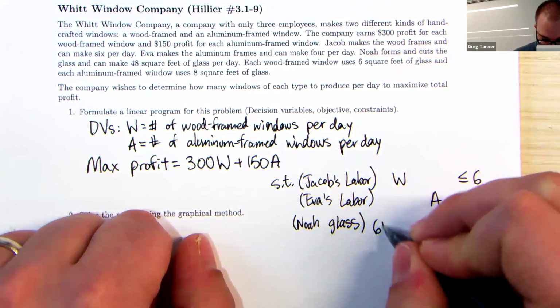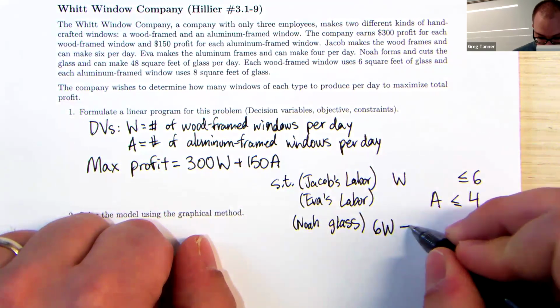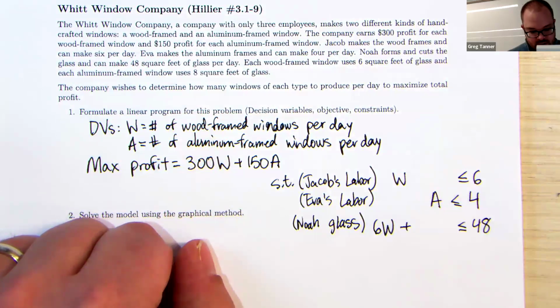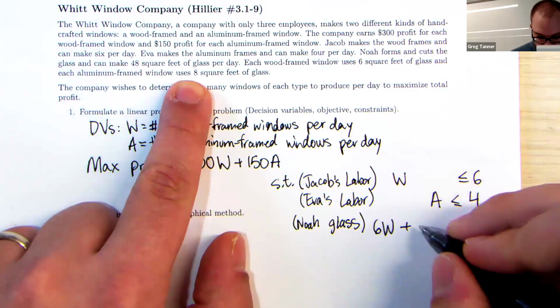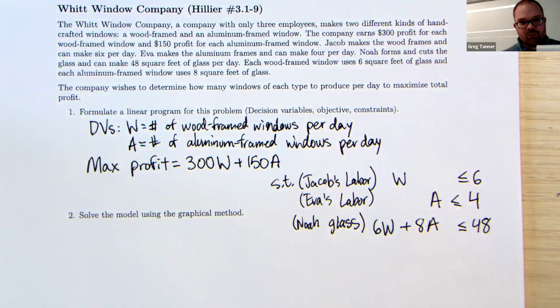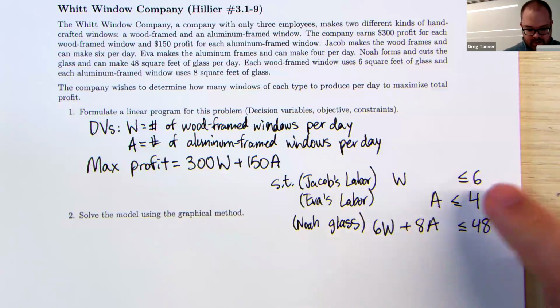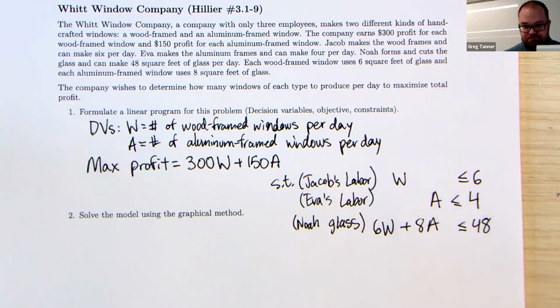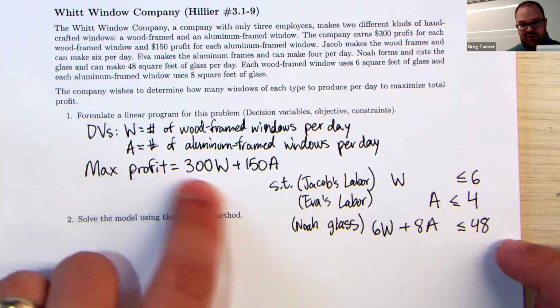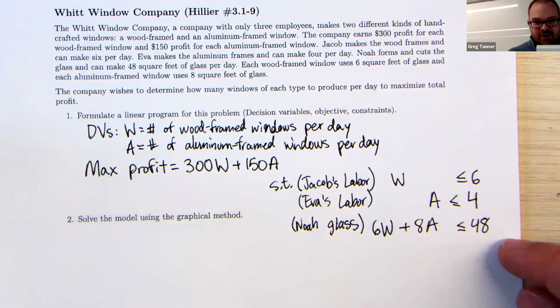And so 6 times the number of wood framed windows gives us the square footage of glass used by the wood framed windows, and 8 square feet per aluminum framed windows. So the aluminum windows must be larger, which might be why Eva can only make 4 of them per day. So those are our 3 constraints in this case. And yeah, that's what's limiting us from just making an infinite number of wood framed windows and maximizing our profit that way.